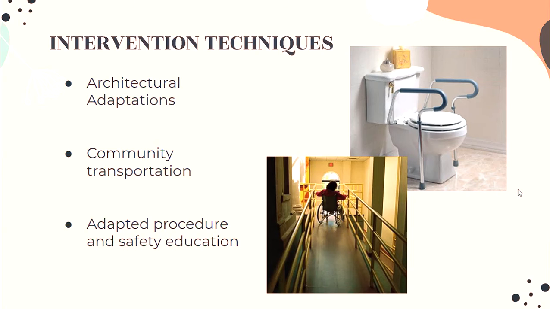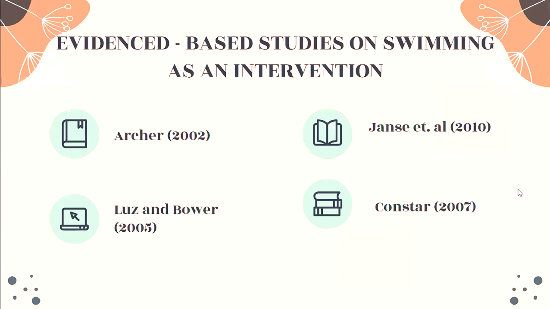So for children who have muscular dystrophy, we can educate them in finding ways to ensure that they are safe in whatever occupation they are performing. So that is all for the intervention techniques under our rehabilitation FOR. Next slide, please.